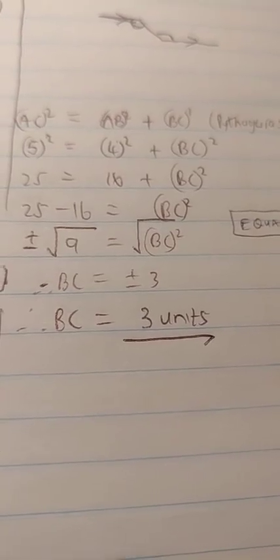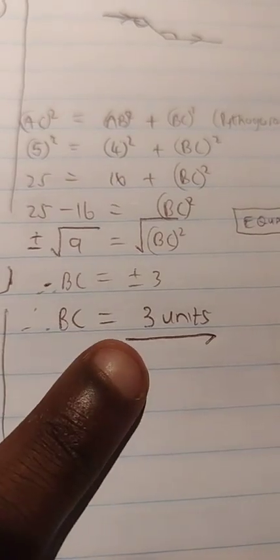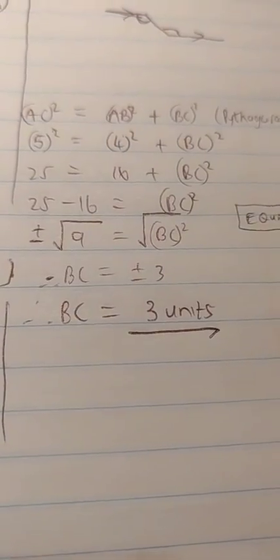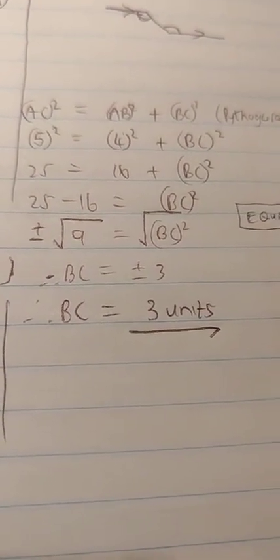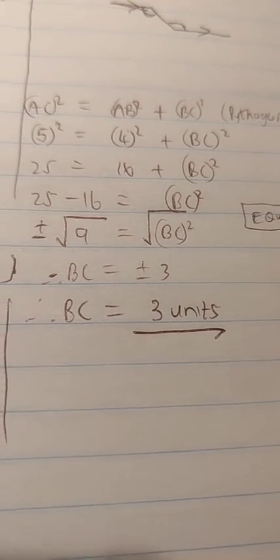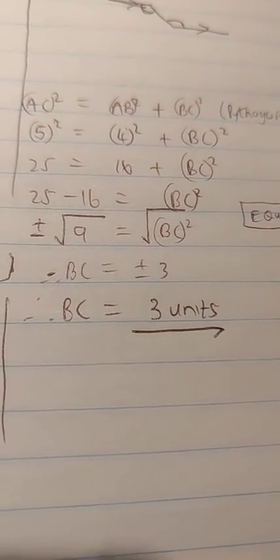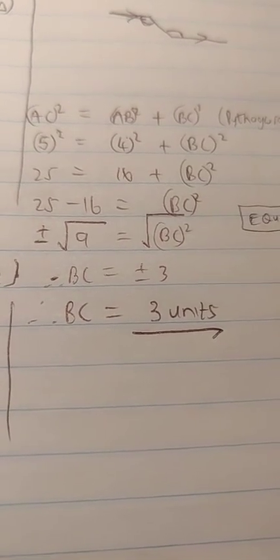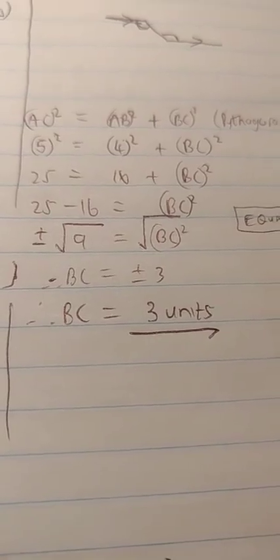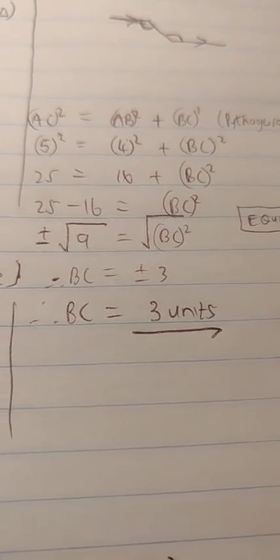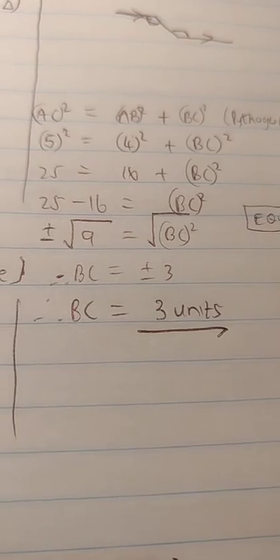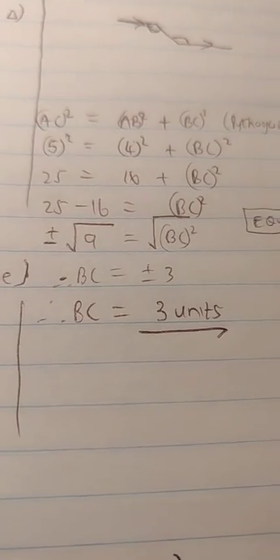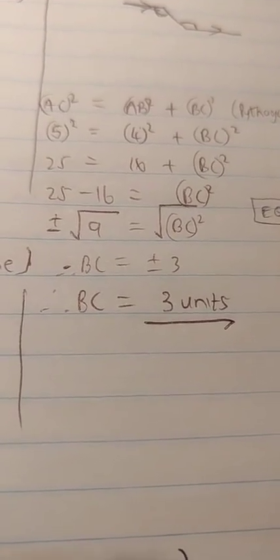So these are important. But then we conclude and say BC is positive 3 because an actual length of a side can't be negative. So we accept the positive 3 units as the answer, not negative 3. You can never have a length of a side being negative, okay? But the plus minus, when you take the square root on both sides in an equation, I beg you, make sure that you put plus minus, all right? That is to accommodate any eventuality whereby you may consider a negative answer.